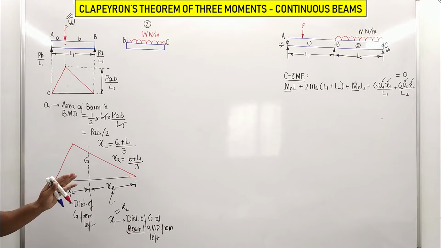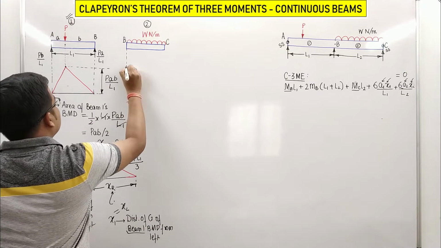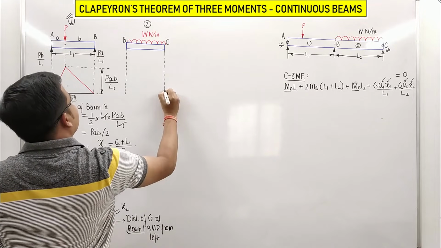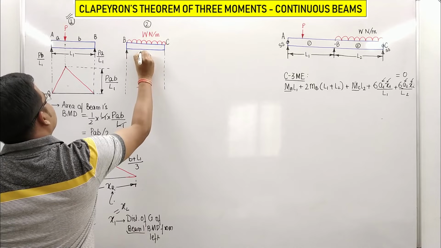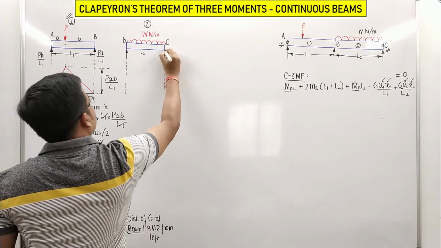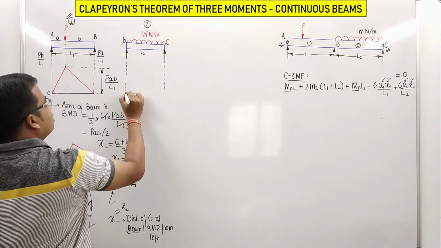Things clarified, right? Now let us move forward towards the uniformly distributed load. Don't worry, this is also fairly simple. This distance is nothing but L2, isn't it? You can work out the reactions, but I'm not interested in working out the reactions.